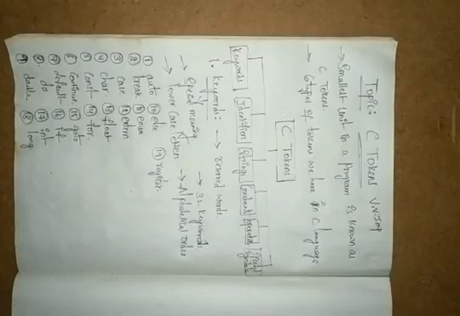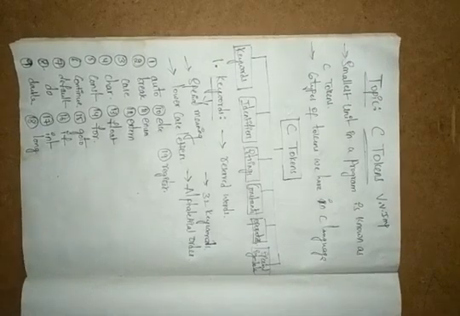Global means outside of the main method. So it declares our register values at local scope, and it stores them in CPU registers, central processing unit registers, and the default value of a register will be a garbage value.